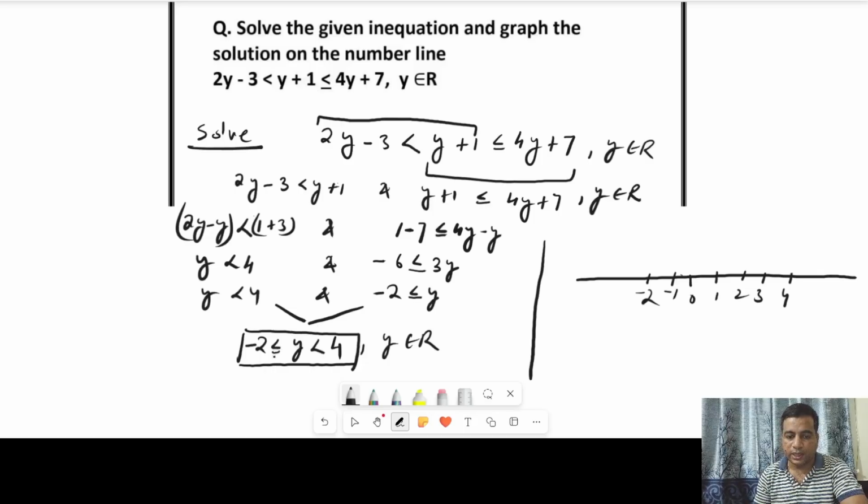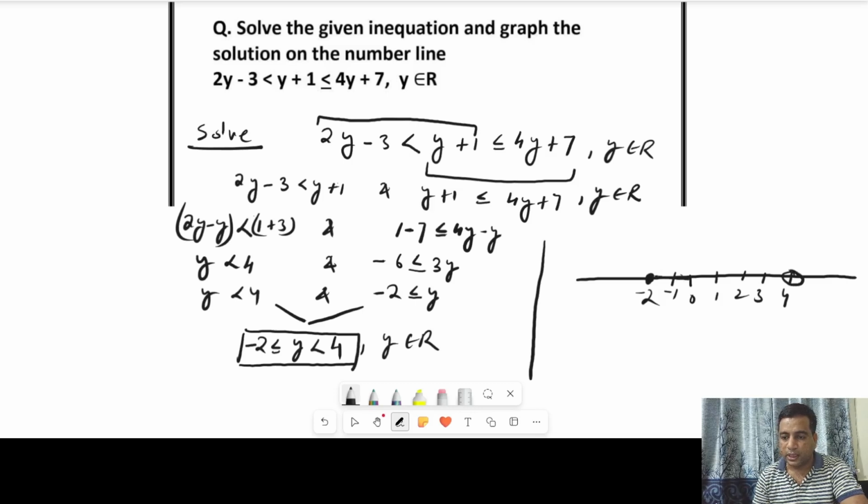So y greater than or equal to minus 2, and here the inequality includes equality, which means the minimum value of y is minus 2, and minus 2 is included because equality is given, and y is less than 4, so 4 is excluded.